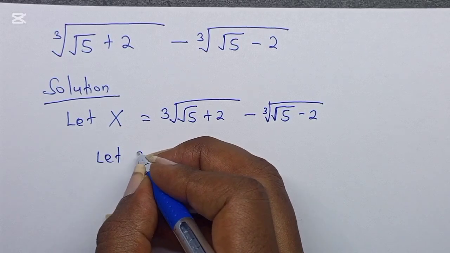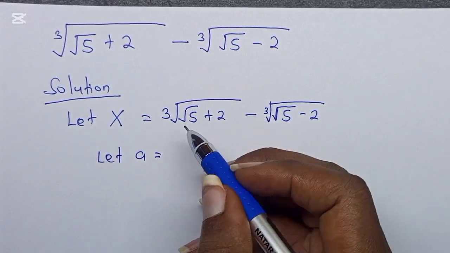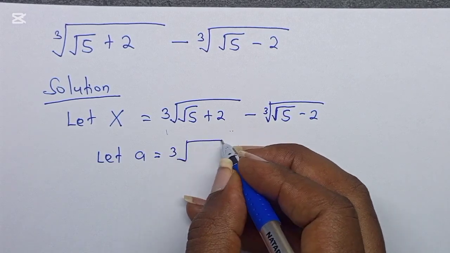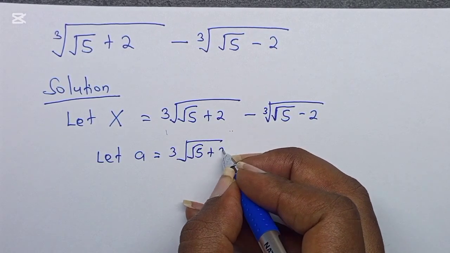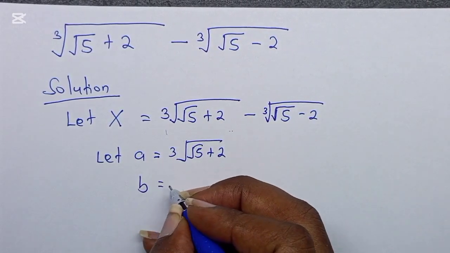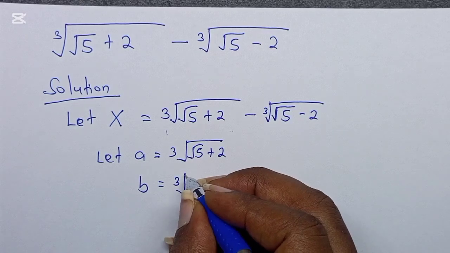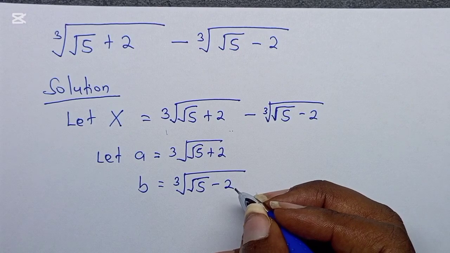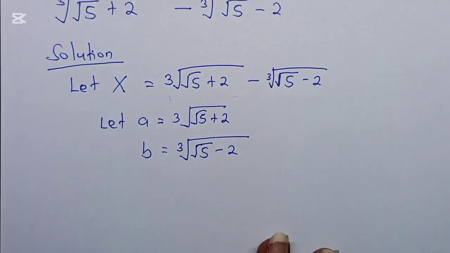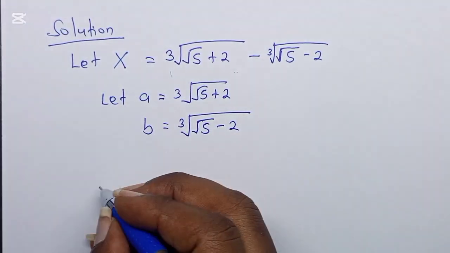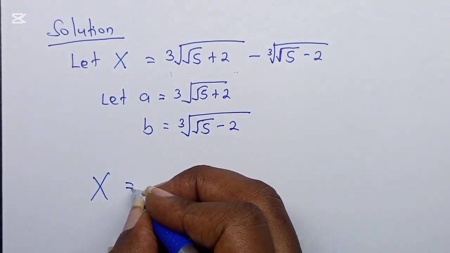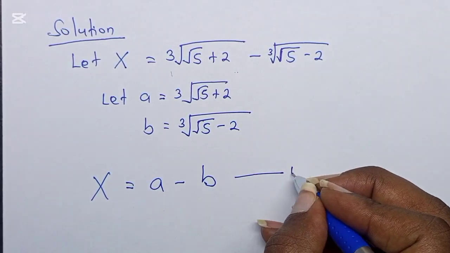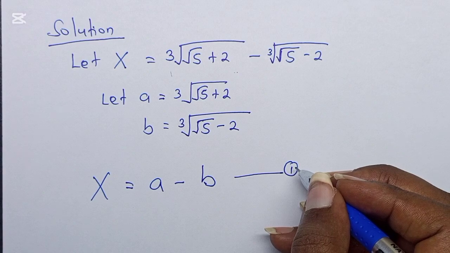And let a be equal to the cube root of root 5 plus 2, and let b be equal to the cube root of root 5 minus 2. So in simple terms, x will be equal to a minus b. So let this be our equation 1.